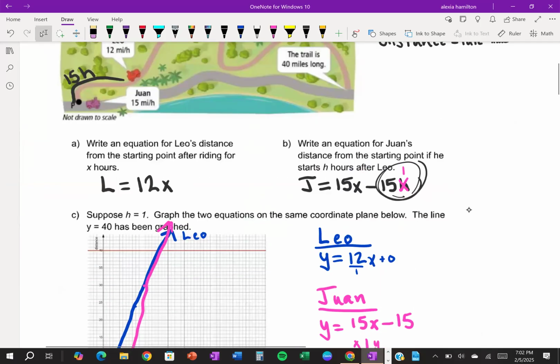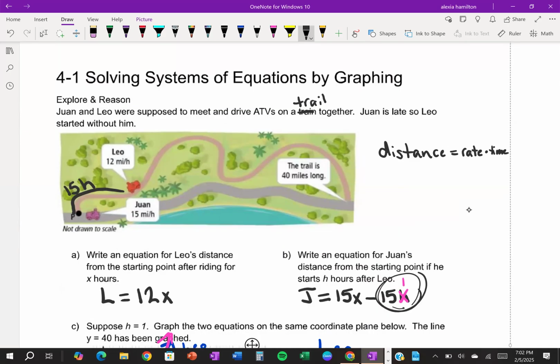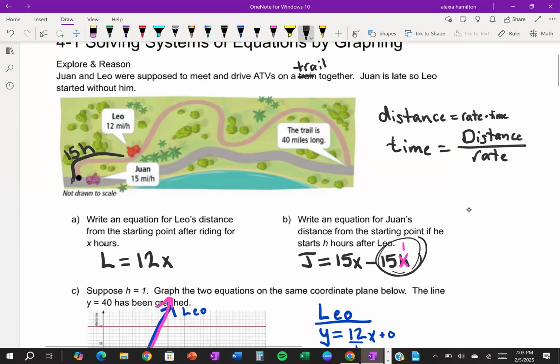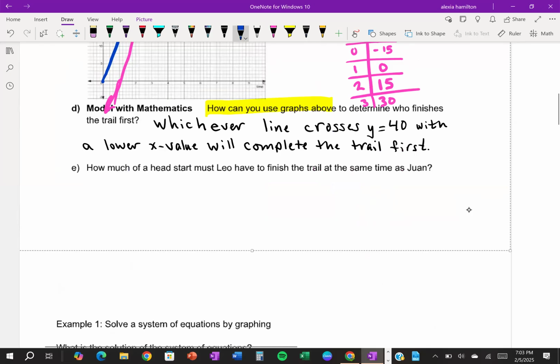So we're going to go time. So time would equal distance divided by the rate. And if our distance is 40, for Leo it would be 40 over 12.